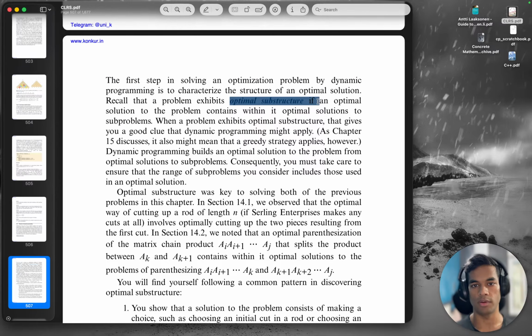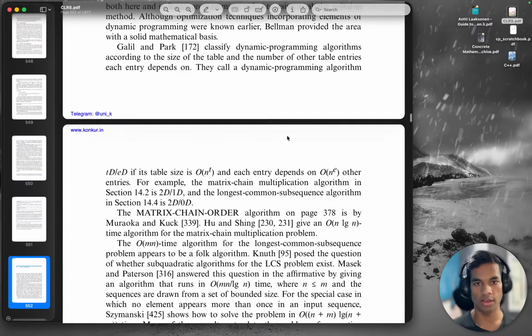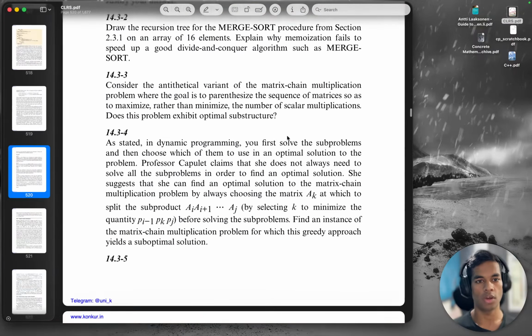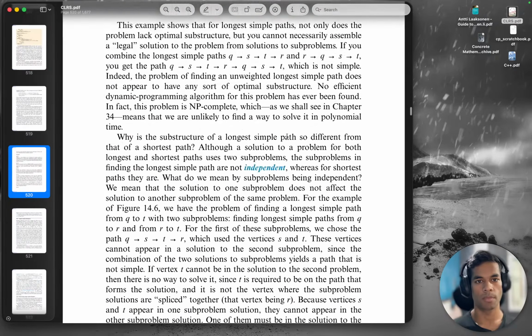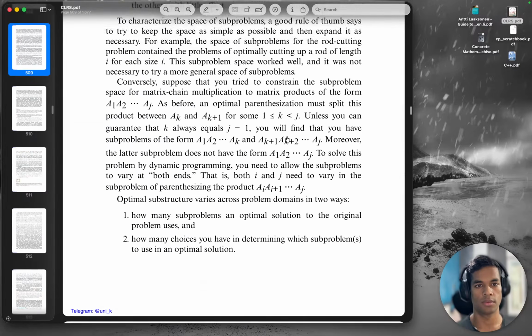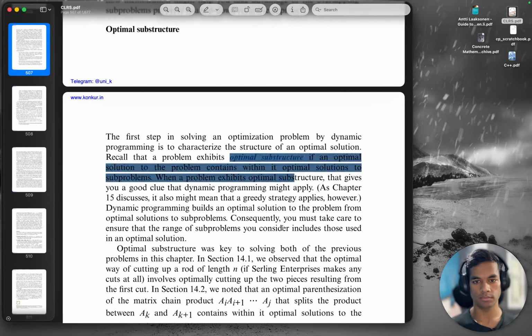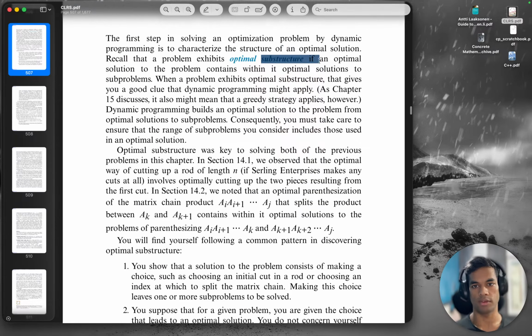So optimal substructure exists when we have a problem which has internally optimal solutions to subproblems.